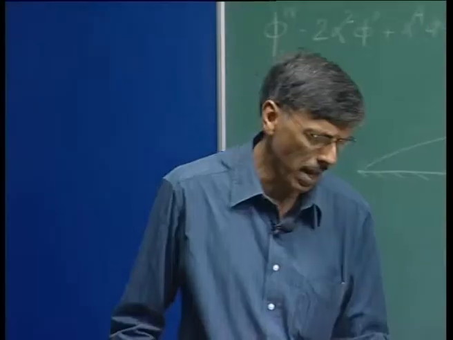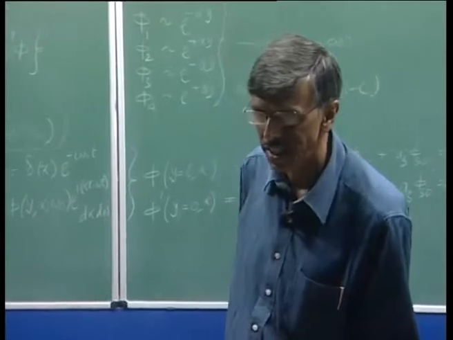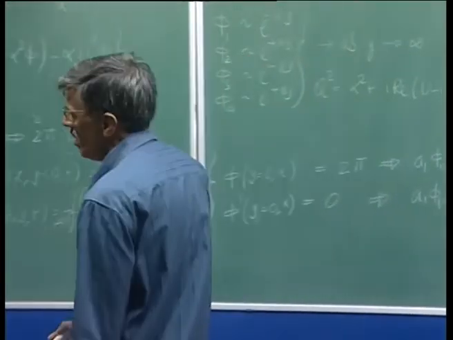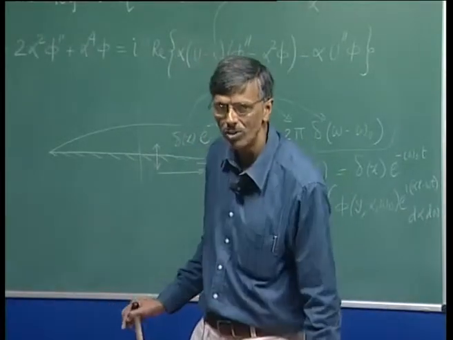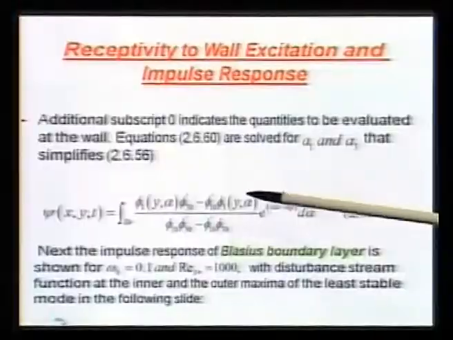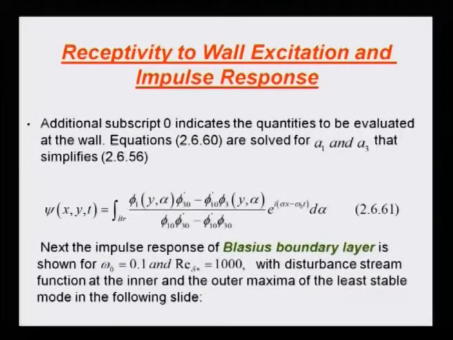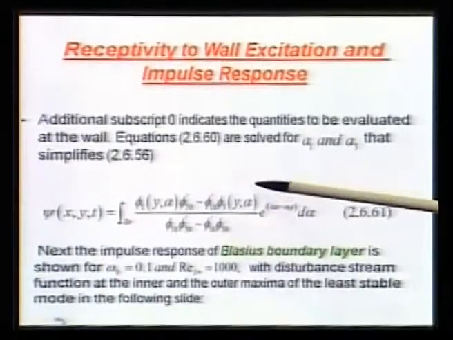That is why I am saying that the wall-normal component of velocity and the stream function have the same structure, and since we are putting in some kind of a mass source, it is better that we work on psi, and that is what we have done, and solved for A1 and A3 and plugged the whole thing back, and this is what you get.